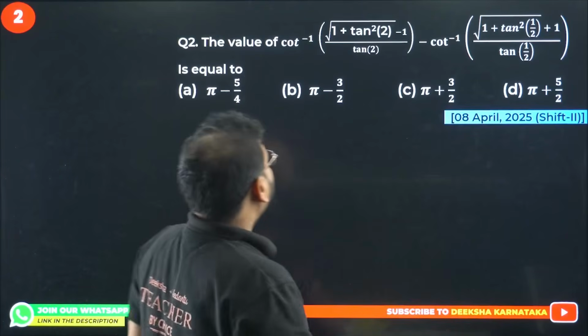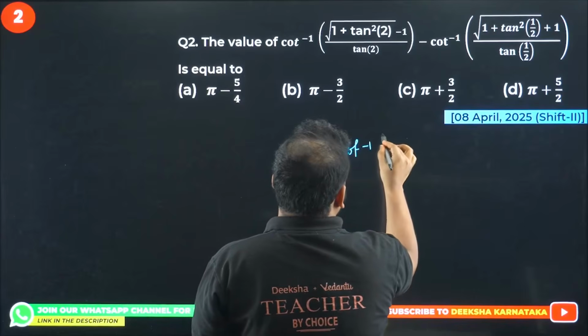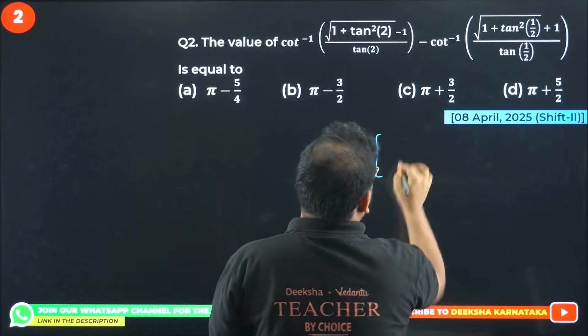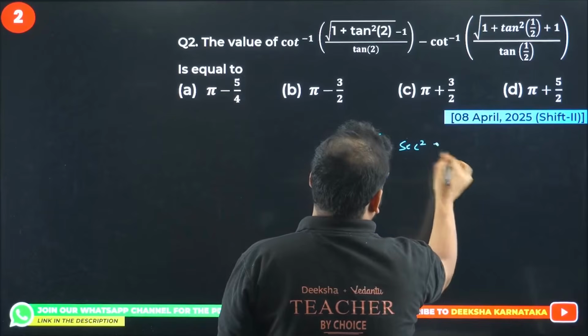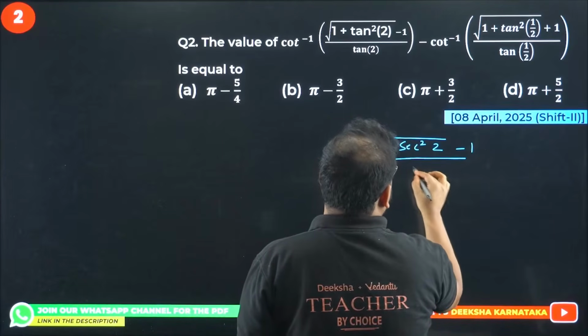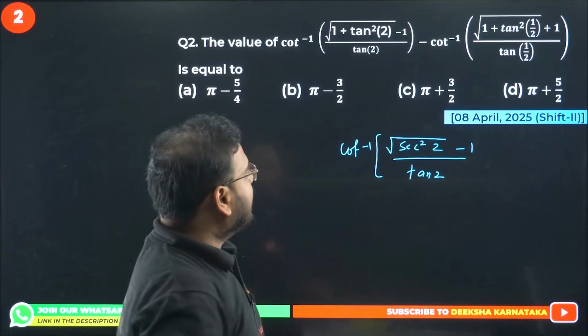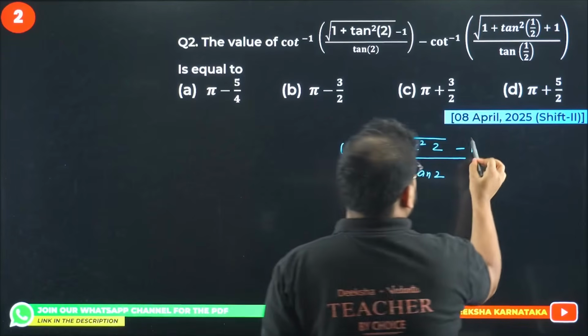All right. So if I simplify this step, I'll have here cot inverse, 1 plus tan square will become sec square 2 in the root, minus 1 comes here. We have tan 2. Okay. Same way, I can write this step also.